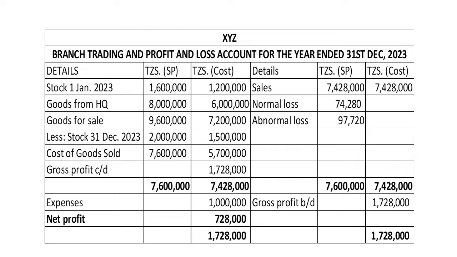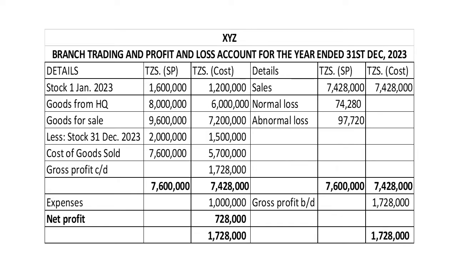As you can see, within our selling price we have sales, which is actual sales, of 7,428,000. But again, we have a normal loss. We have been told that it is 1% of sales. So 1% of sales becomes 74,280. But if you make a comparison with the cost of goods sold, cost of goods sold at selling price should have been 7,600,000.